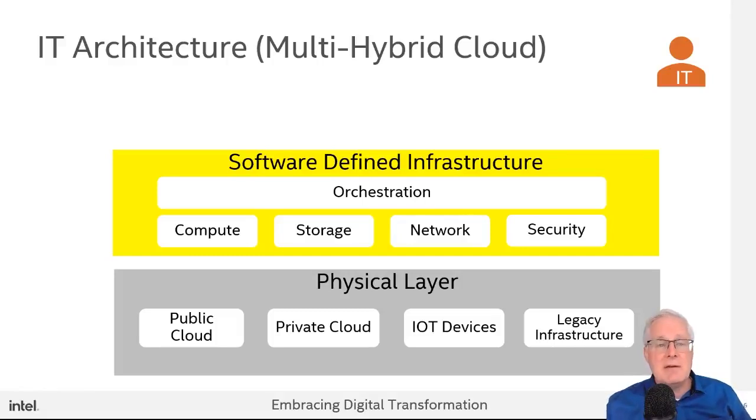I truly believe that that would be the case. So IT needs to move to a multi-hybrid cloud solution so that I can easily orchestrate infrastructure as it's needed, whether it's on-prem in my own private clouds or whether I'm taking advantage of a public cloud or a couple public clouds.